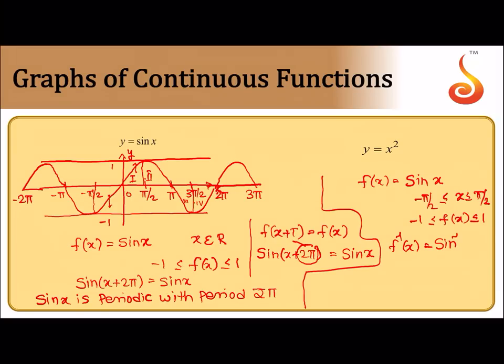I'll draw a line like this so there's no confusion. Then f inverse x was sine inverse x. So x lies between minus 1 to plus 1. f inverse x lies between minus pi by 2 to plus pi by 2.